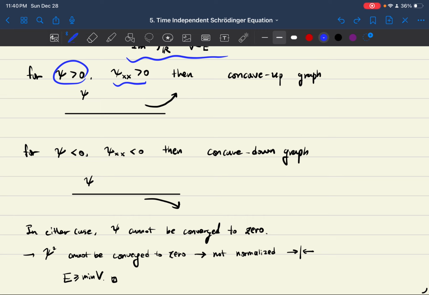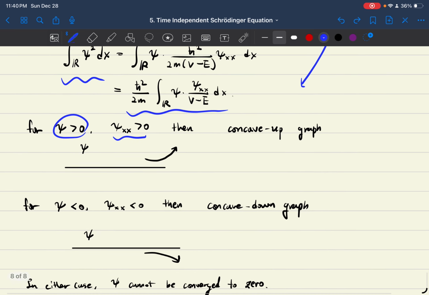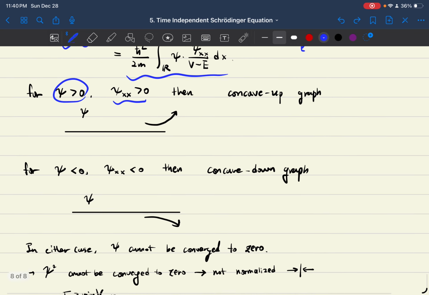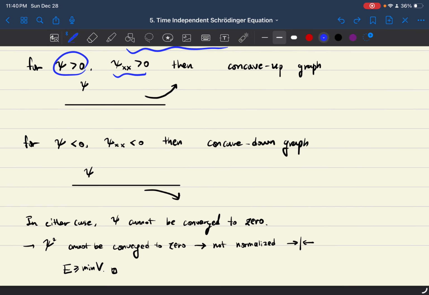But for psi to be normalized, neither case works. So we've got the contradiction. In either case, psi cannot converge to 0, so psi squared cannot converge to 0, so it is not normalized. So here's a contradiction, and by proof by contradiction, we've got it.